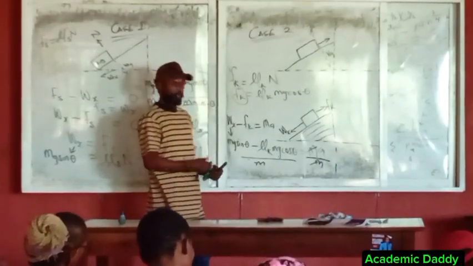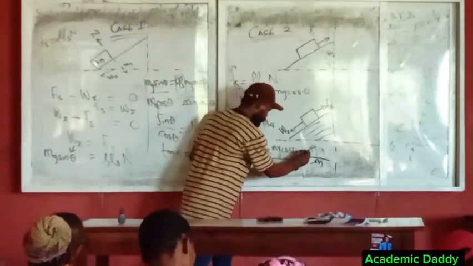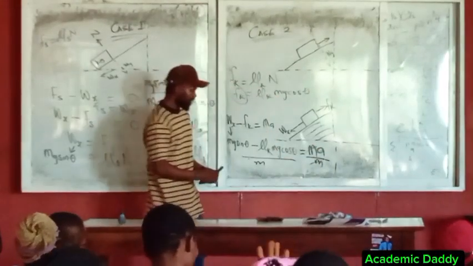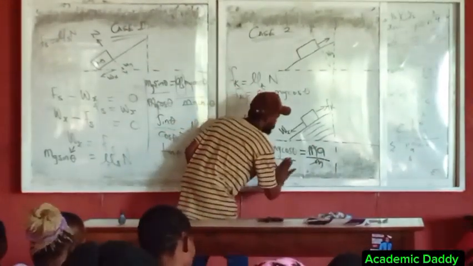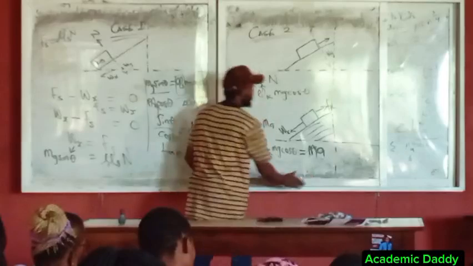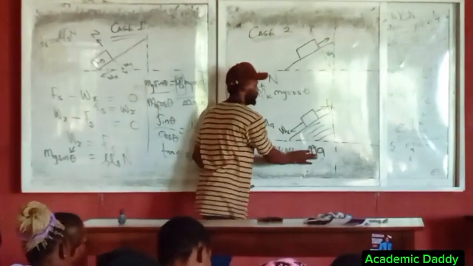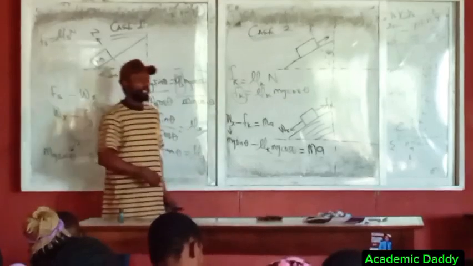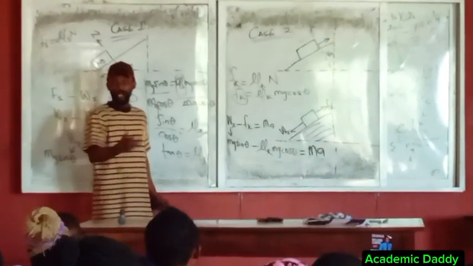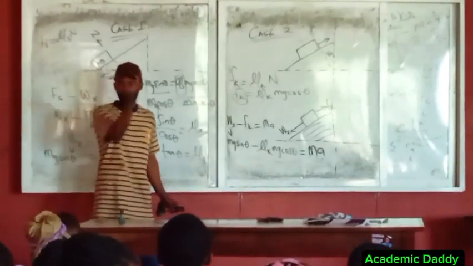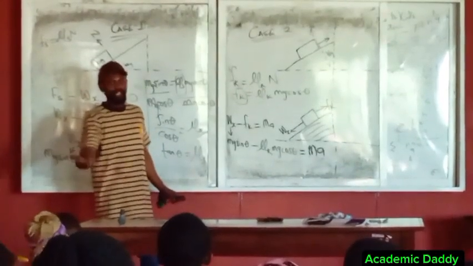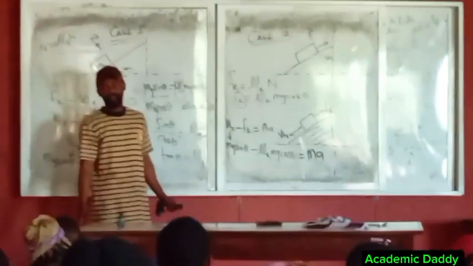If I have it equal to ma, and let's say the question tells me a body is sliding down an inclined plane, and after everything, they tell us to find the acceleration.